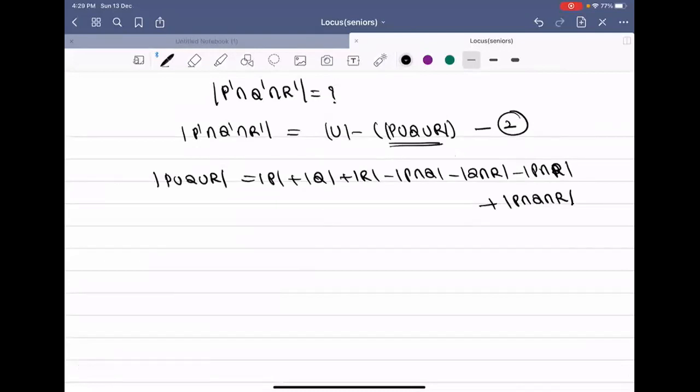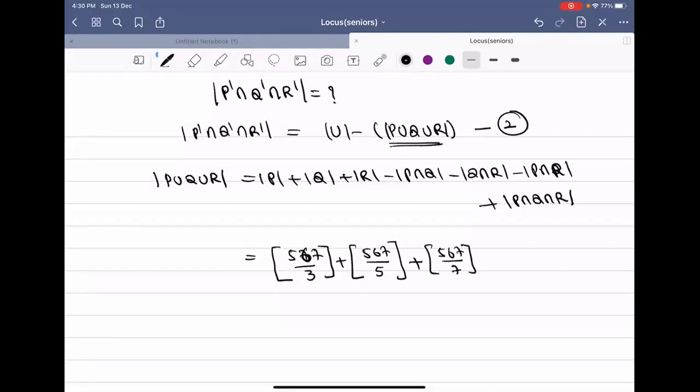The number of elements in P, numbers divisible by 3, up to 567, is the step of 567 by 3. Q, divisible by 5, is the step of 567 by 5. Plus the step of 567 by 7. Minus the numbers divisible by 3 and 5, that is 15, so 567 by 15.